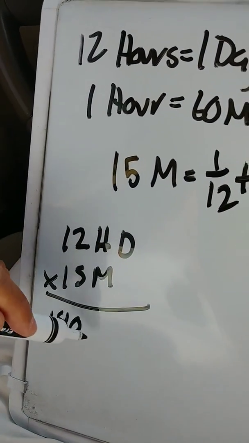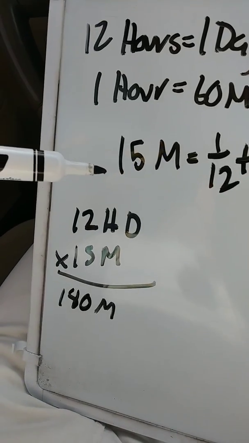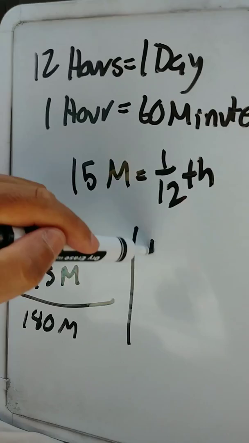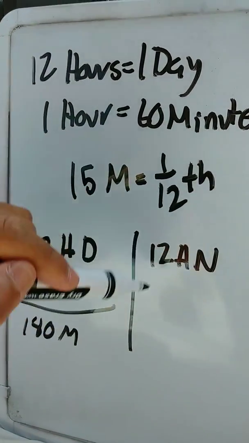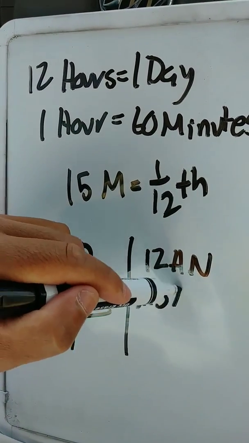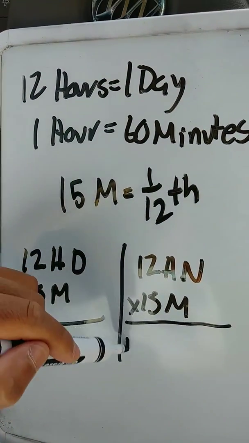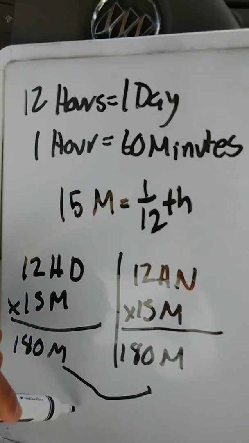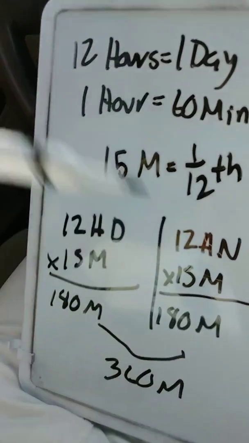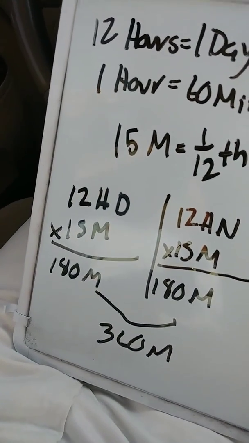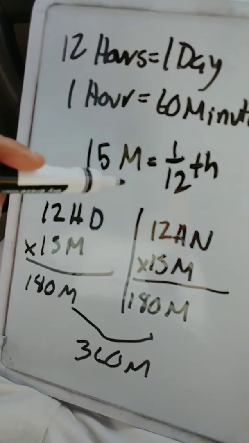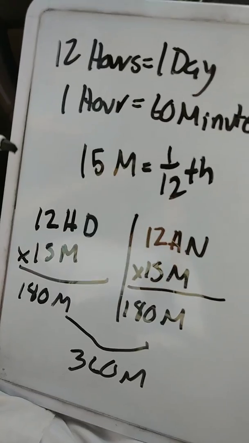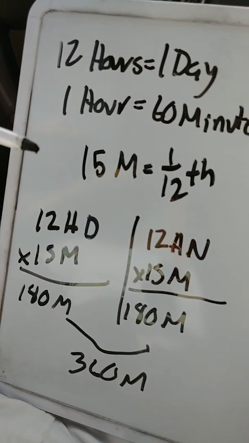It's 180 minutes. All right. Then when we take the 12 hours of night times 15 minutes, we have 180 minutes. Add those two together, 360 minutes total.